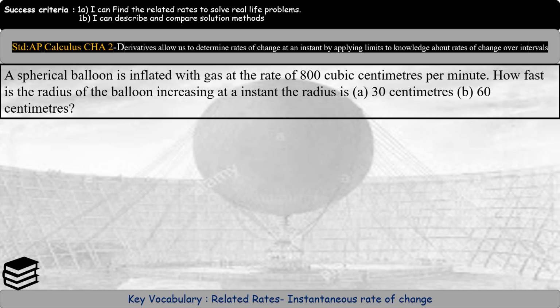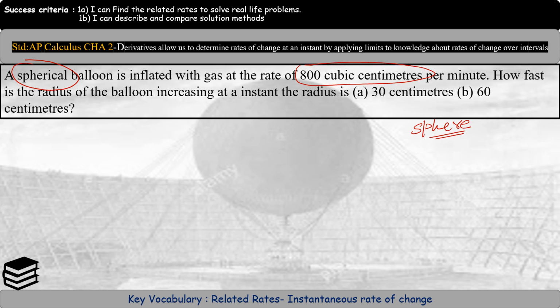A spherical balloon. The first thing I told you, before reading the complete question, is to write down or circle the name of the shape, so it is sphere. Let's check what they are asking. A spherical balloon is inflated with gas at the rate of 800 cubic centimeters per minute.